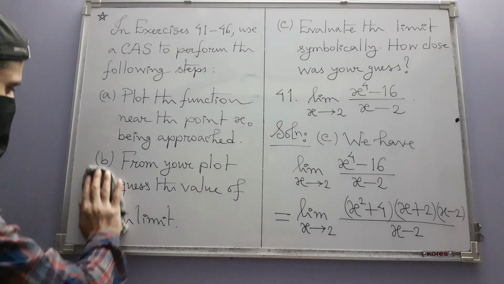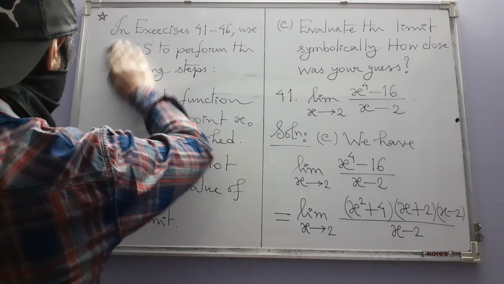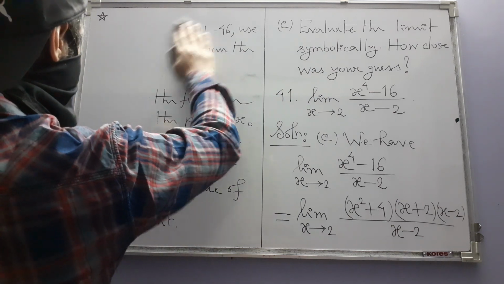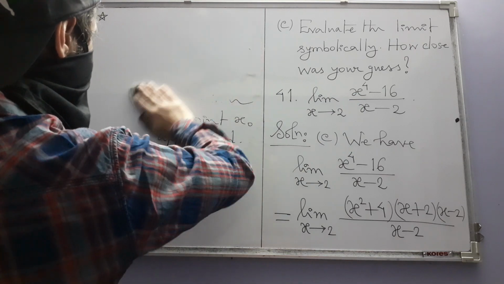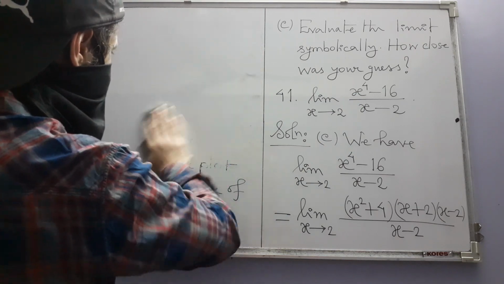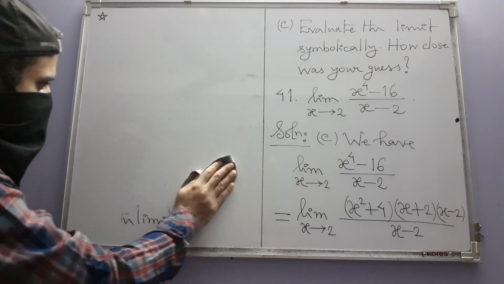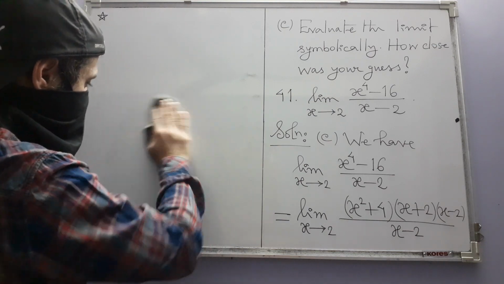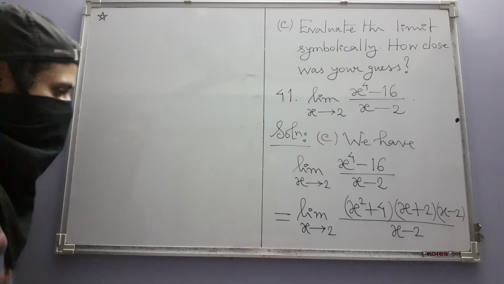Now you can of course cancel this x minus 2 from the numerator and the denominator, and that is possible because x is approaching 2, x is not equal to 2.